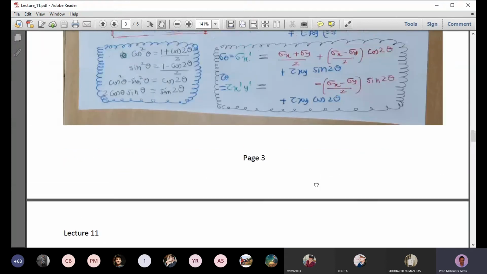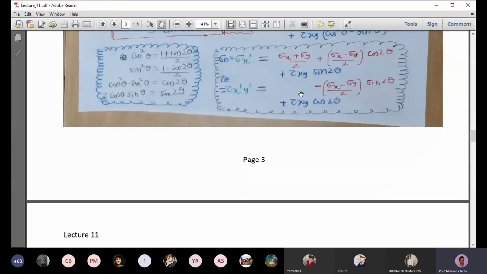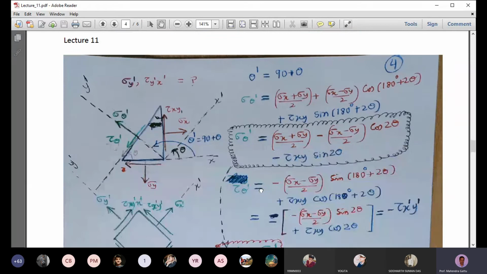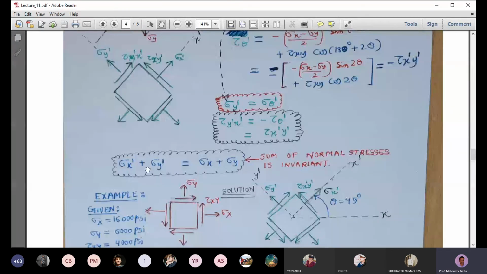So if you add up these two expressions, sigma x prime plus sigma y prime, this term and this term will cancel out, and we'll get sigma x plus sigma y. So sigma x prime plus sigma y prime is sigma x plus sigma y. So the sum of these normal stresses is invariant, that means it doesn't change. Sigma x plus sigma y or sigma x prime plus sigma y prime is a constant. For whatever rotation happens in the coordinate system, these values will not change. The sum of these normal stress components is constant.